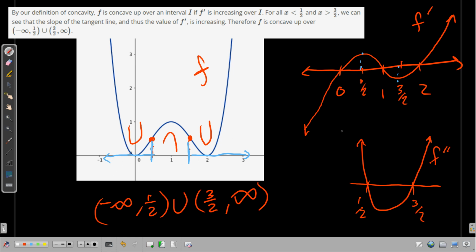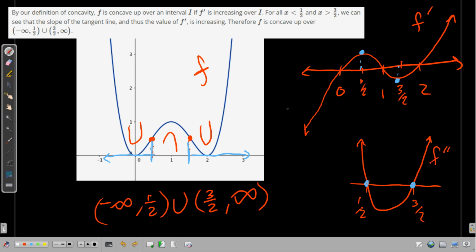Now, I went ahead and sketched a picture of f double prime that would correspond to this f prime. Just by looking at where it would be 0, it would be 0 here and here, and it's positive in both of these intervals.